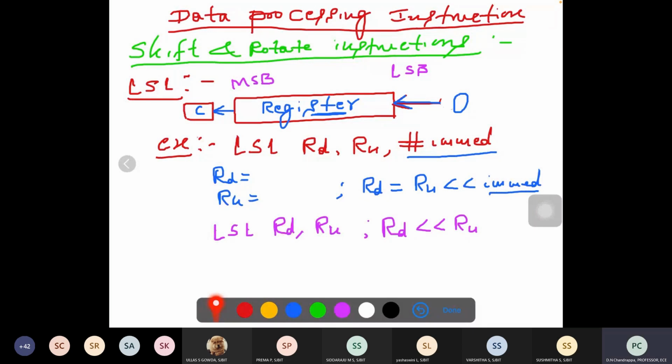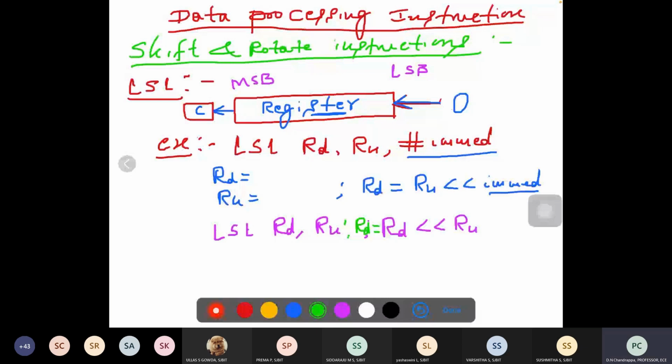How many bits of data to be shifted is specified by RN, and RD holds the value to be shifted. The value of RD is shifted towards left by the bits specified by RN, and the result is stored in RD only. So here it is not mentioned separately; the syntax is RD equals RD shifted.